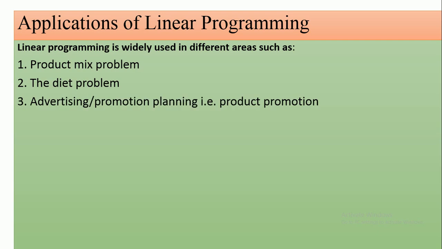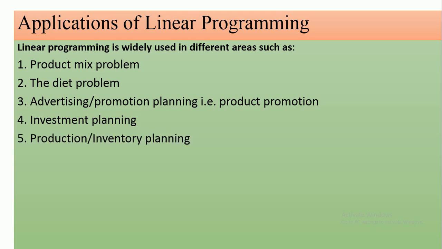Linear programming is used for advertising, promotion planning, product promotion, incentives to drive sales. You can also use linear programming for investment planning. It helps investors to know where to invest their money, their resources, for them to get the required results.